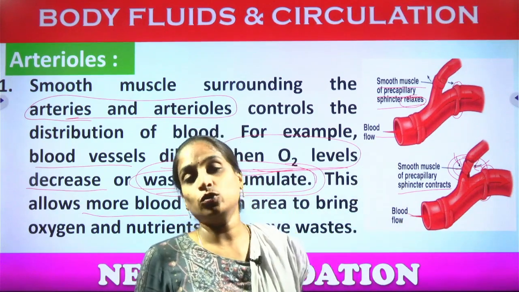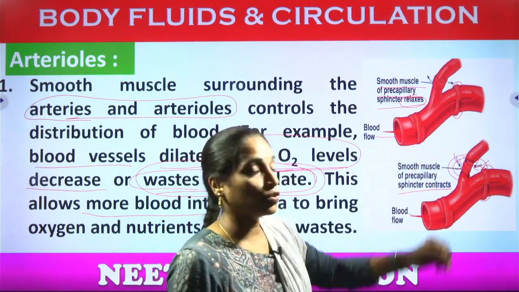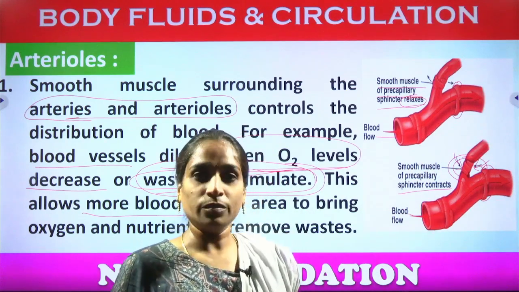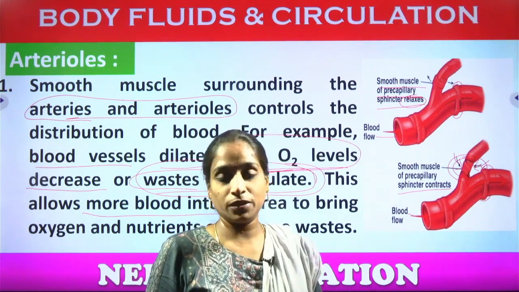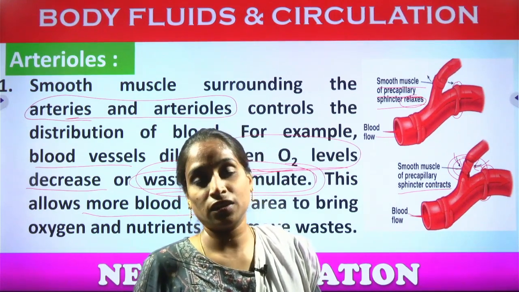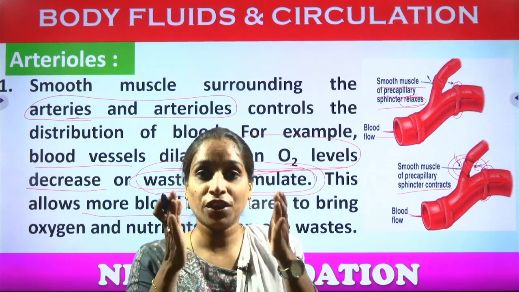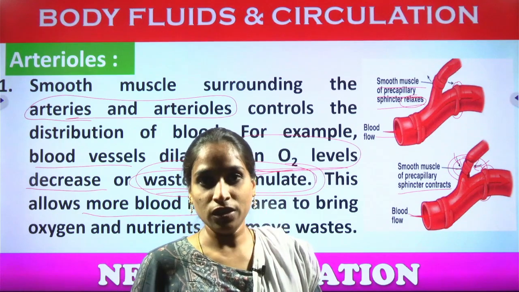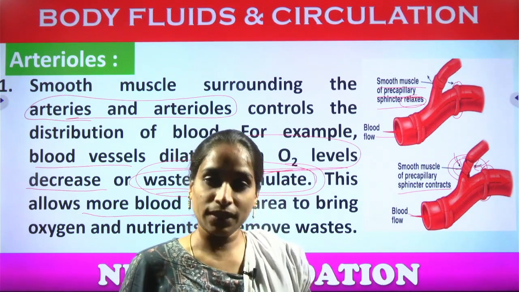The arterioles are responsible for creating their own pressure and are also surrounded by sphincter muscles exactly at the junctions of the arterioles and the capillaries, and the arteries and the arterioles, so that the movement of the substances is regulated and a sufficient amount of blood moves from one place to another.